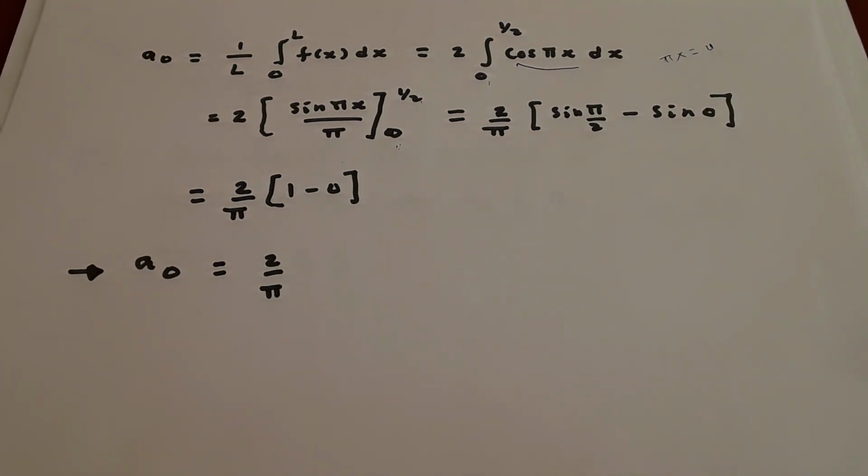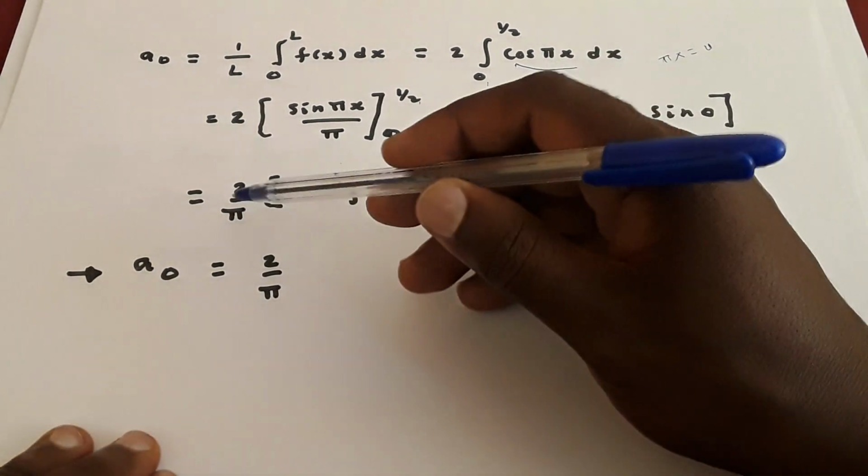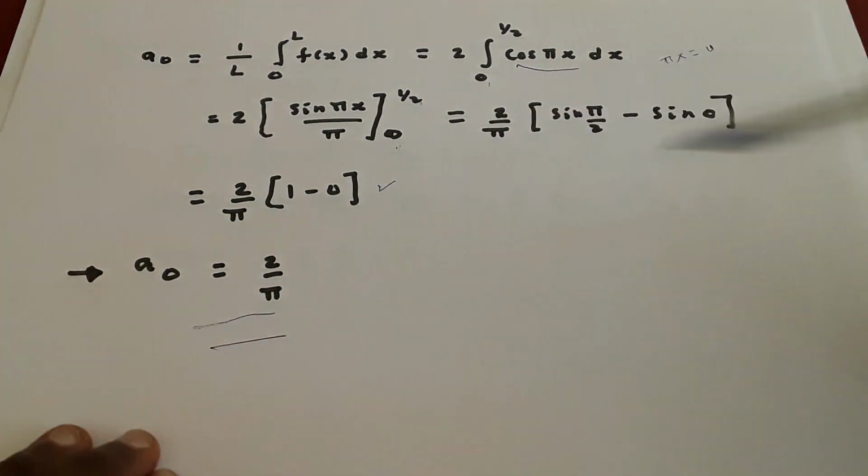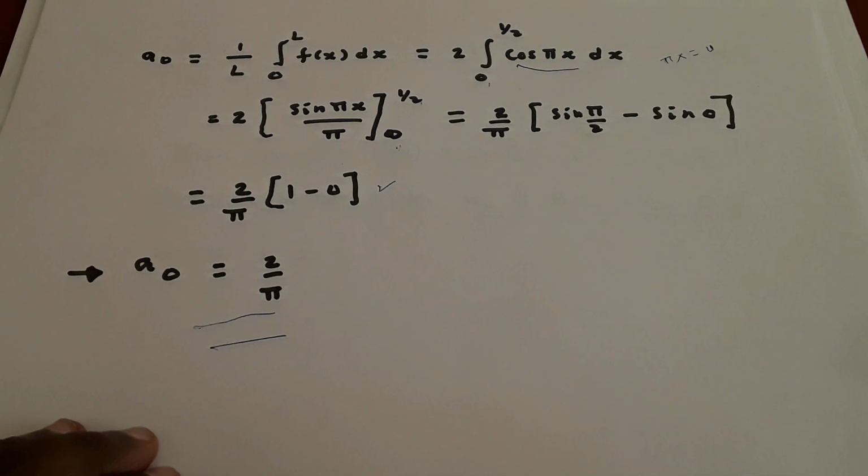Sine pi over 2 is 1, sine 0 is 0. We get 2 over pi times (1 minus 0), which is 2 over pi. That's a0.